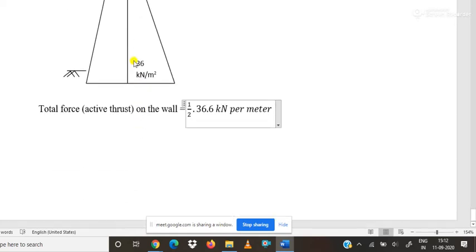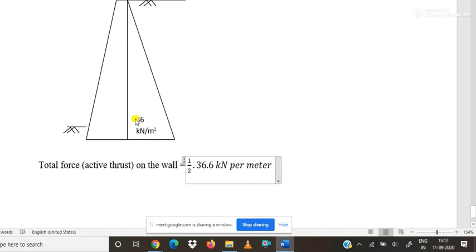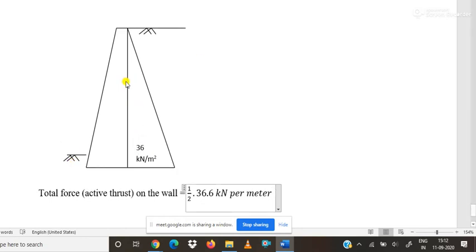This length is actually the dimension of the retaining wall perpendicular to the screen surface. One dimension is height, one dimension is breadth, and another dimension is width, that is the length of the retaining wall, which cannot be shown here.